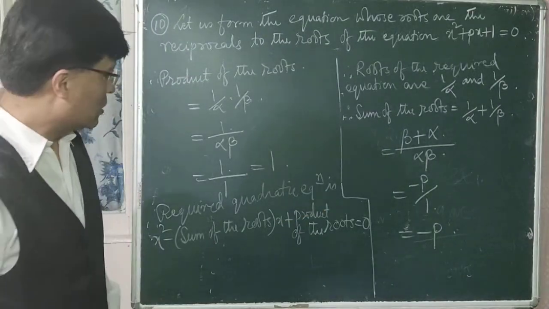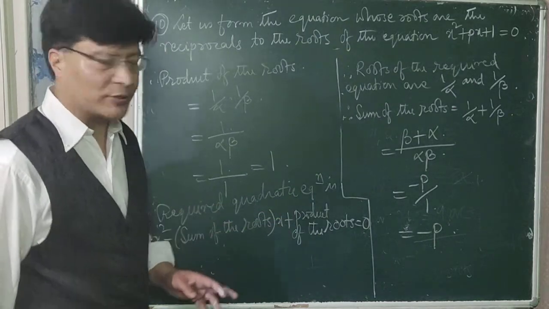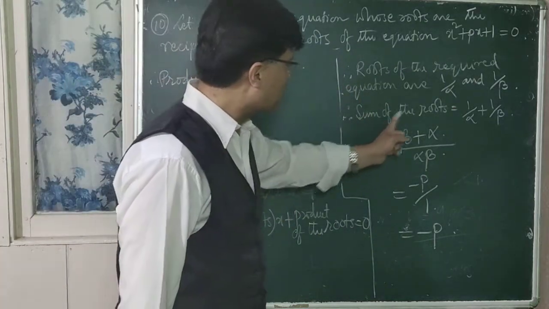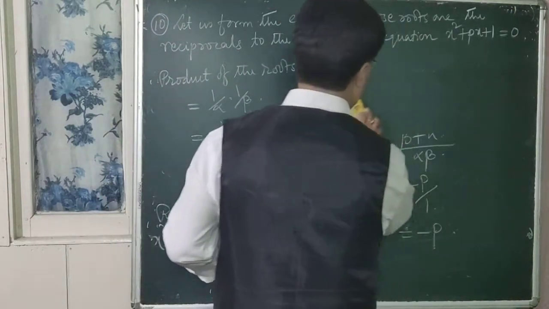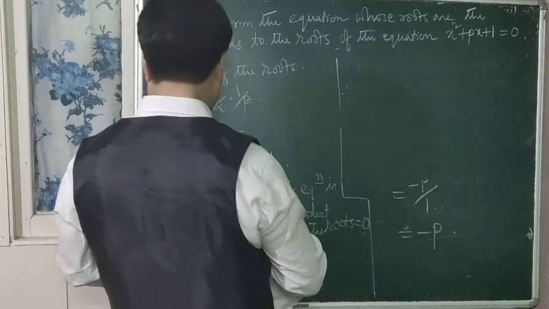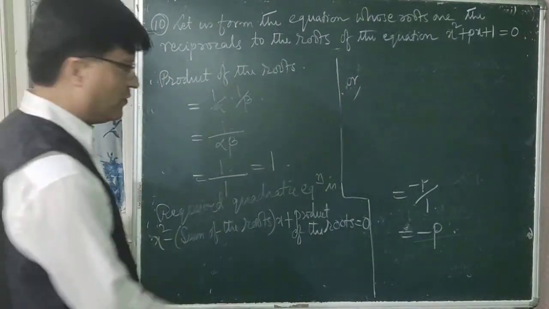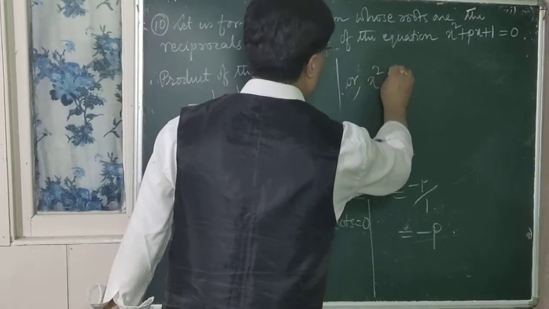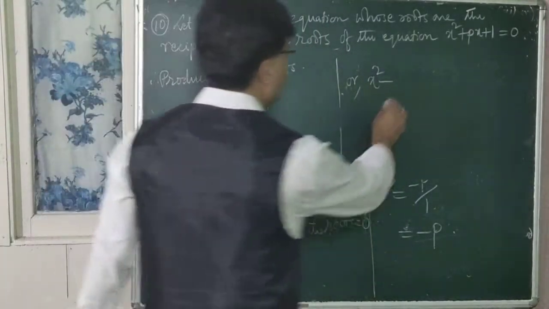Okay. So in this case, you have to put the value of sum of the roots as well as product of the roots. What is the sum of the roots? Sum of the roots is equal to minus p. So let us put the value now. Write down x square first. Minus, what is the sum of the roots here? Minus p.